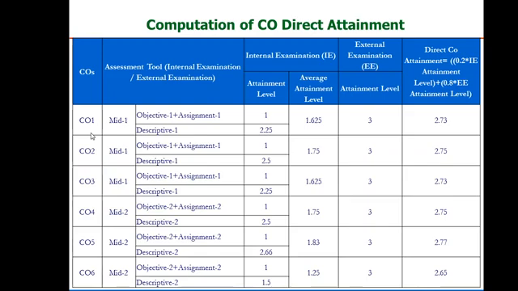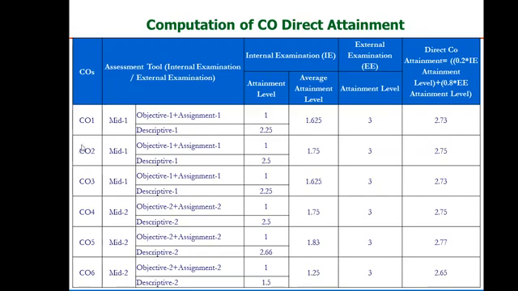A CO that can be related to the first 2.5 units is mapped with mid 1. If any CO can be related to the last 2.5 units of syllabus, that can be mapped with the mid 2 exam. Like that, we have to map the COs with mid 1 or mid 2.